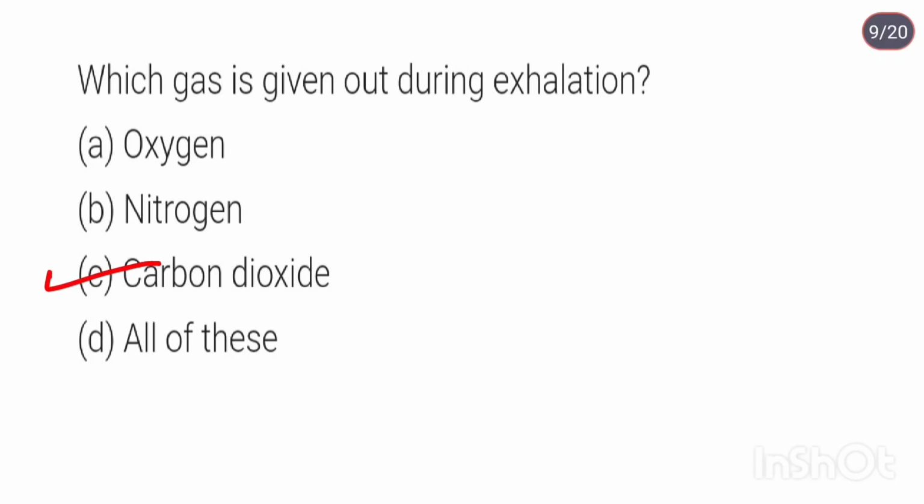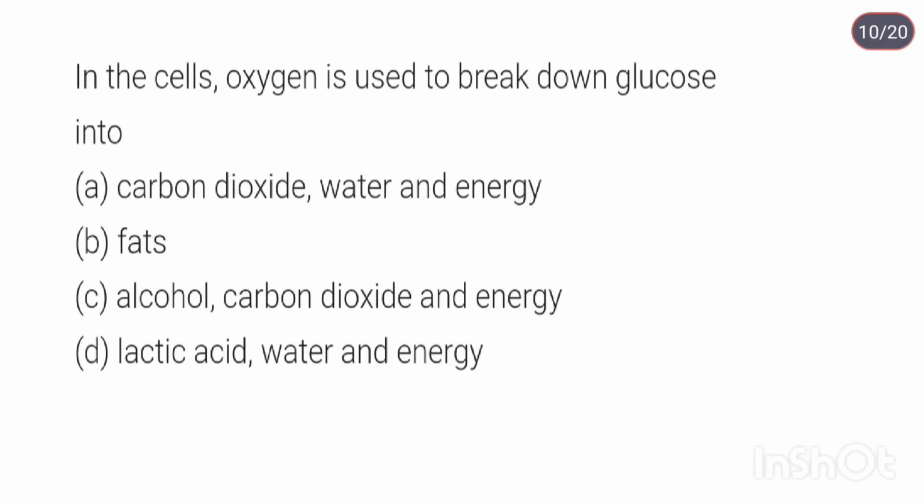The lungs absorb oxygen during inhalation and expel carbon dioxide during exhalation. The air that is exhaled out is also a mixture of gases, but it is rich in carbon dioxide. In the cells, oxygen is used to break down glucose into carbon dioxide, water, and energy.